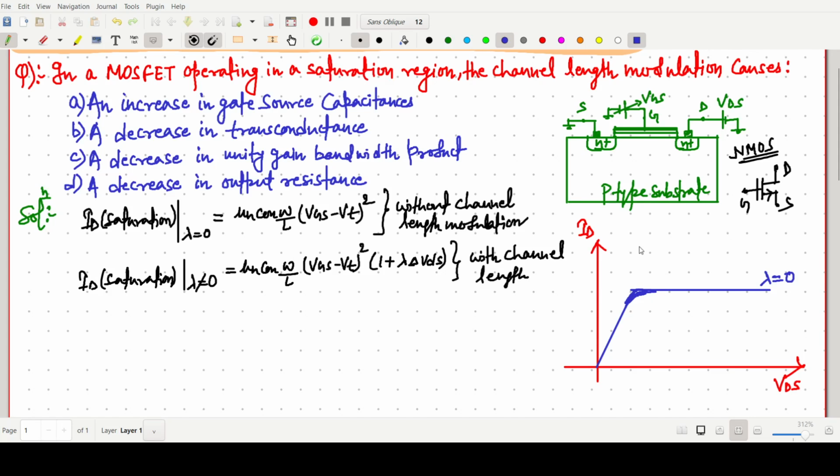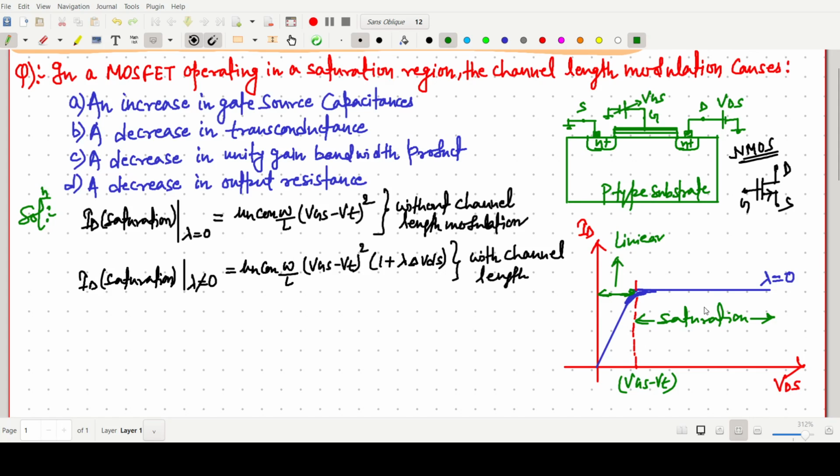There will be some curve shape, and this region is our saturation, and this one is our linear region. And this point is VGS minus VT. We know all this.